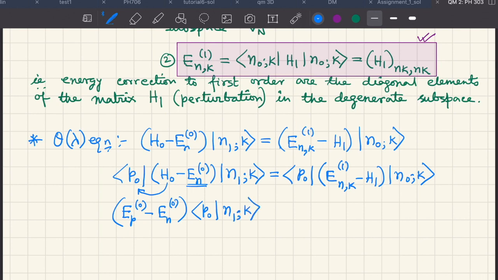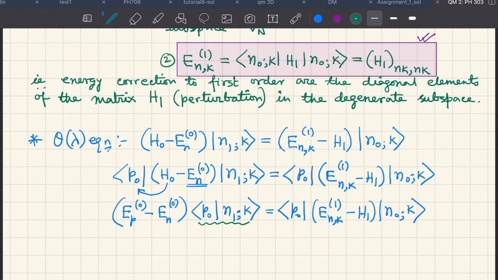So that's the left hand side, and then here we will have this thing E_n,k^1 minus H^1 acting on n naught semicolon k.